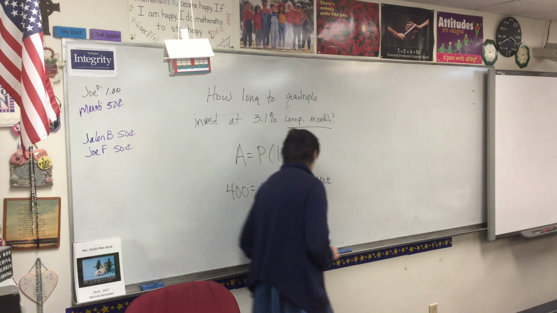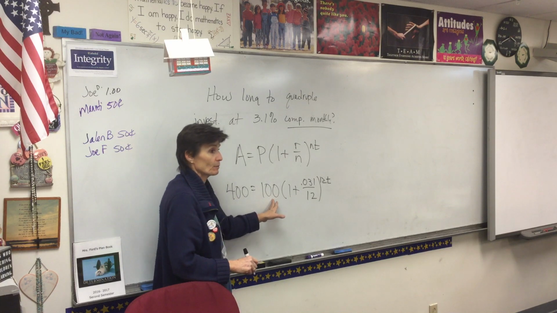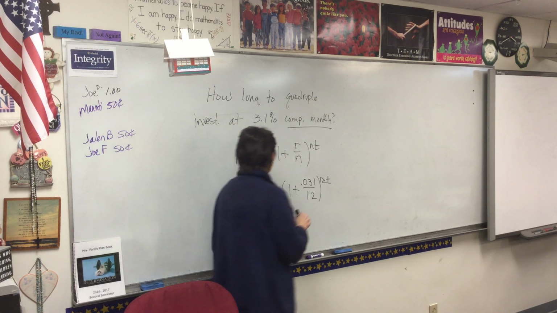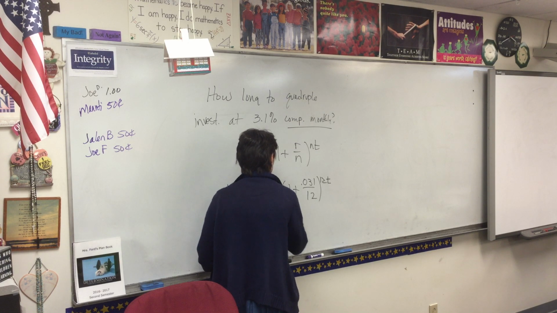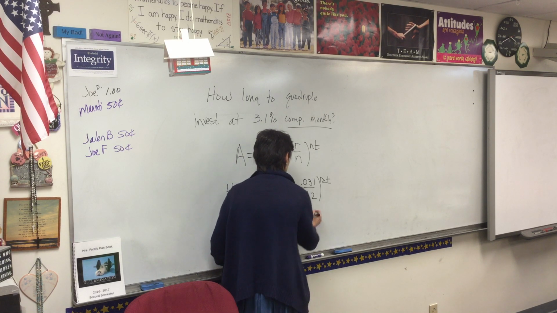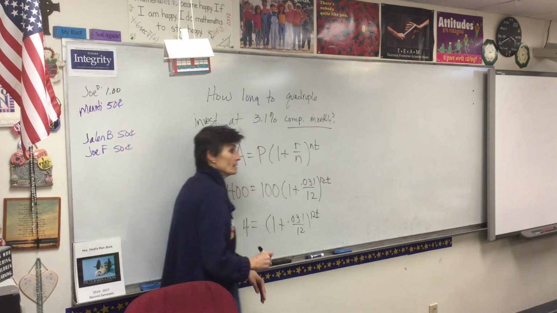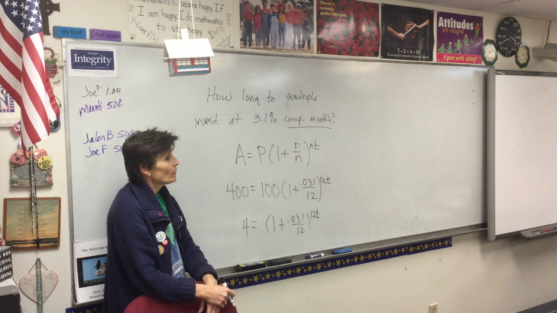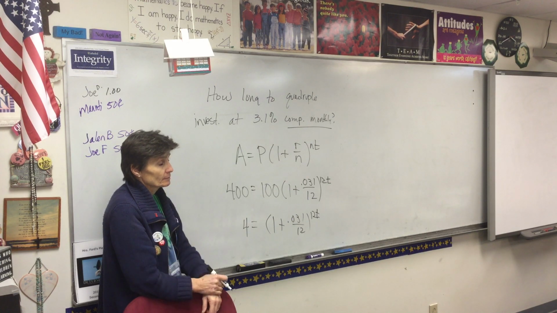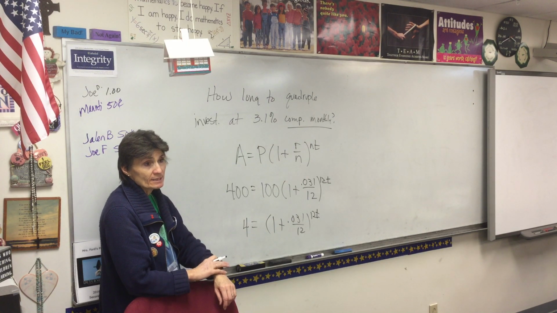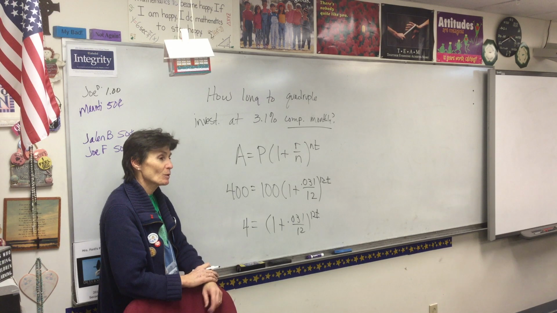So to solve this, we have to do what we always do. We got to get rid of that extra number. So we're going to have 4 equal 1 plus 0.031 over 12 to the 12t. Now, where's your exponent? Where's your variable?